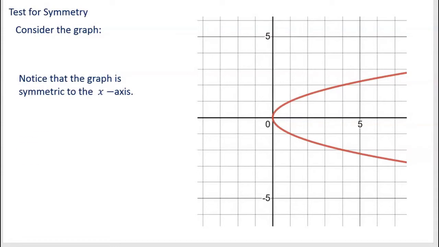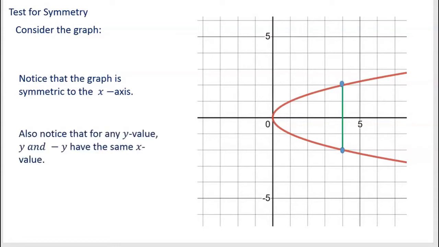Now, what's going on with a graph that's symmetric to the x-axis? Well, if we pick a particular x value, in this instance over to the right, x equals 4, you get y is +2, and you also get y is -2. So if you keep the x the same, you get two different y values, a +2 and a -2. Notice I say for any y value, y and -y have the same x value.